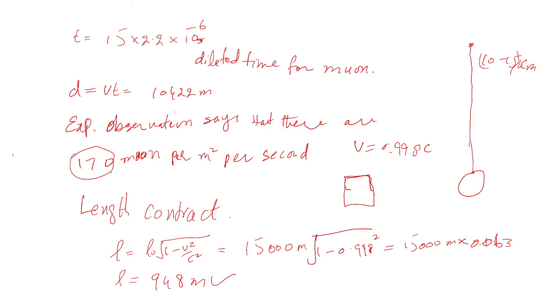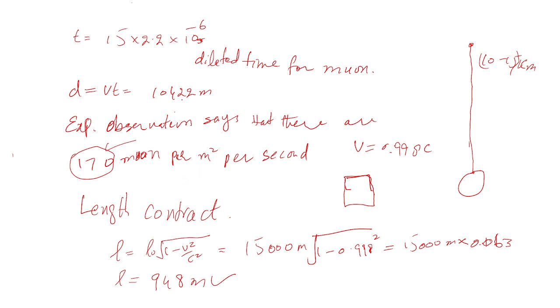So this observation of 170 muons per meter square per second is possible because the muon, in its frame of reference, has to cover this much distance. That is why we found many muons on the ground experimentally.